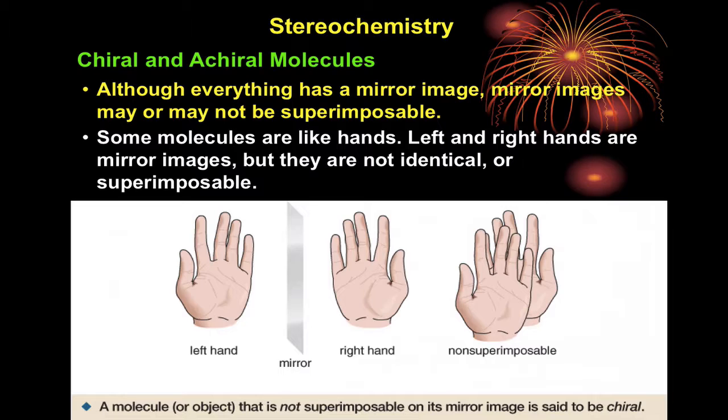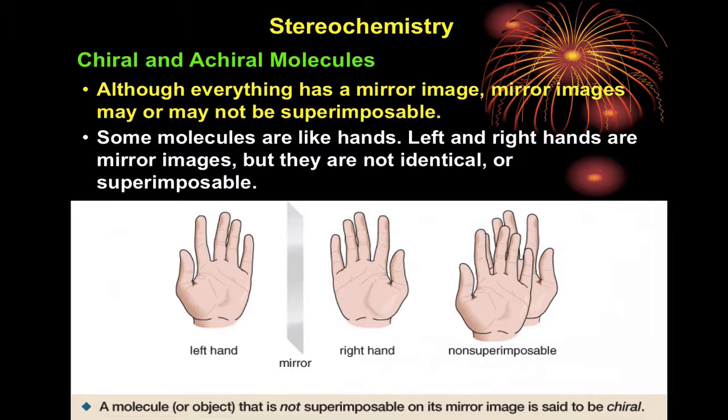If I look at my left hand and I look at my right hand, I can see that they are mirror images of one another, ignoring any blemishes and defects that I have. But my right hand is not my left hand because I cannot superimpose one on the other. Just doesn't work out. I don't have two right hands.